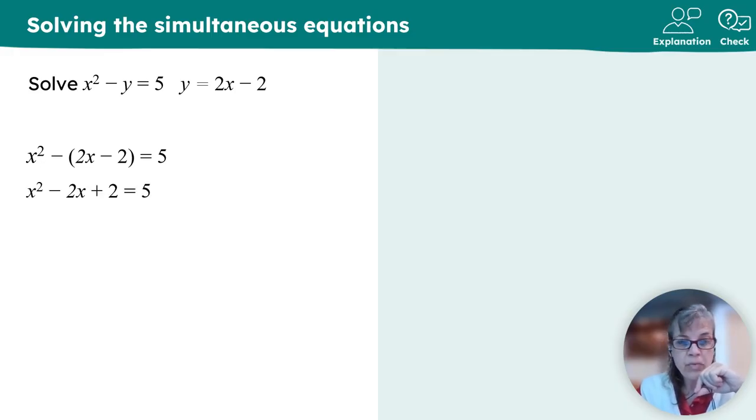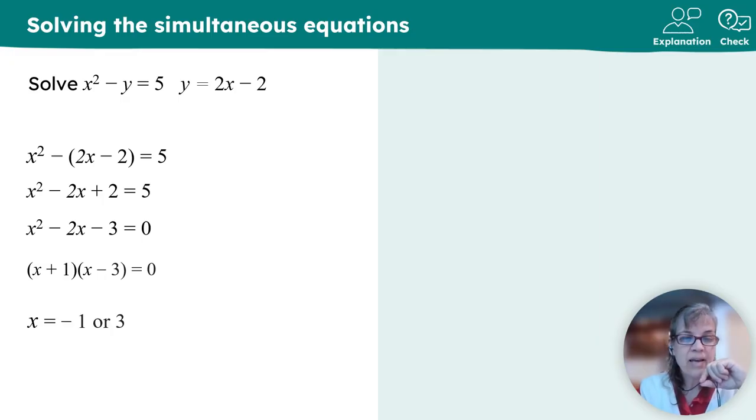As you multiply through, it becomes minus 2x plus 2. Then you rearrange and make it equal to 0 on one side so that you can try to factorize it. This does factorize nicely, and it leads us to x is minus 1 or x is 3.